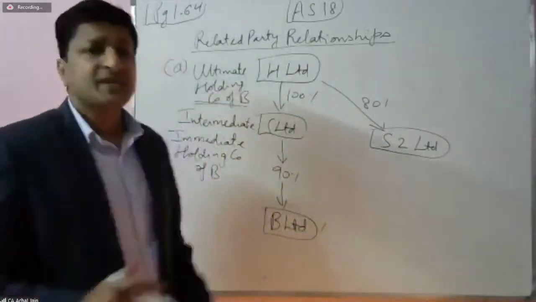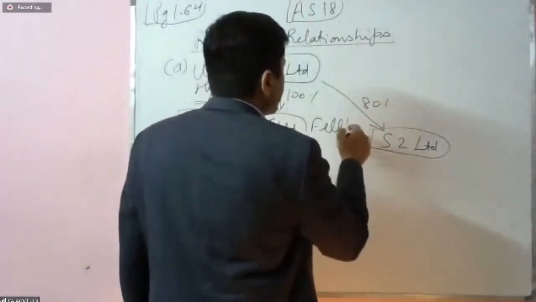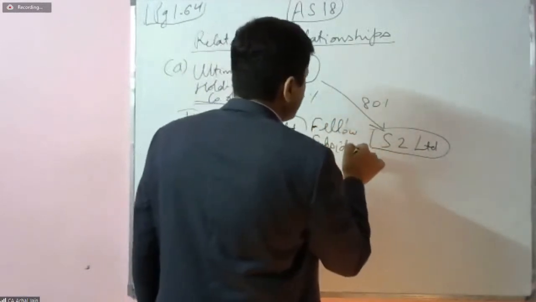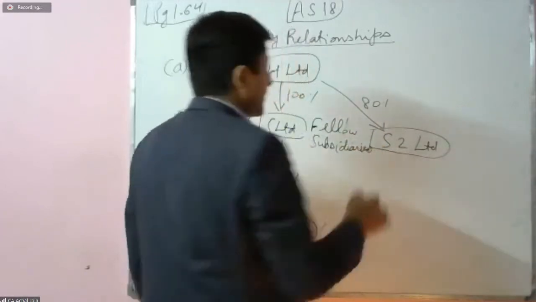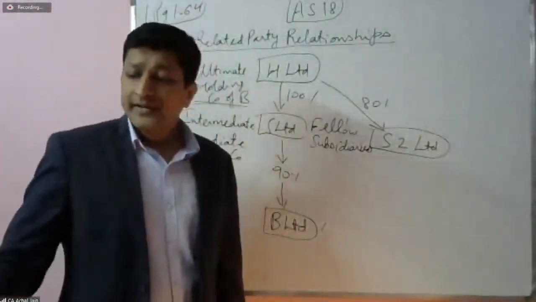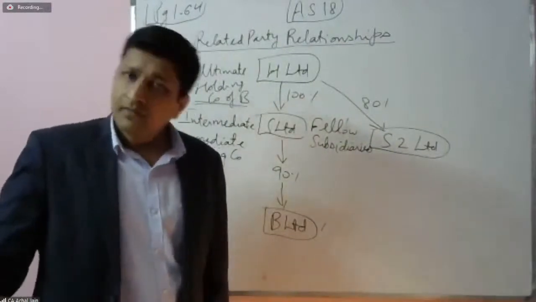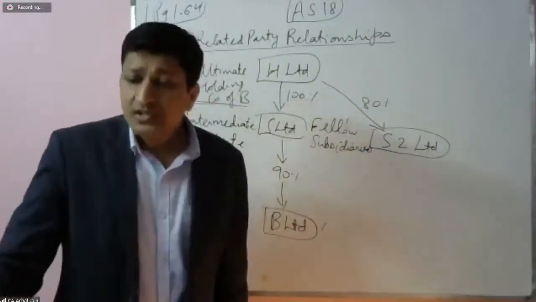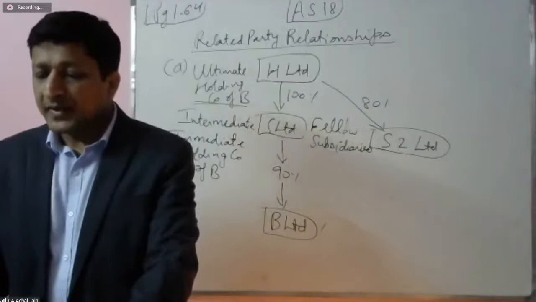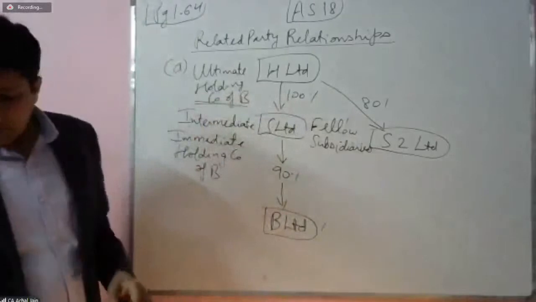They are fellow subsidiaries, and fellow subsidiaries are also considered as related parties as per AS 18. Clear on this? So this is relationship type A. Ria, you are clear on this now?